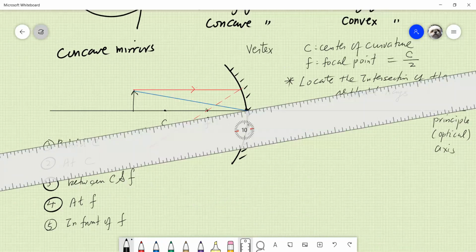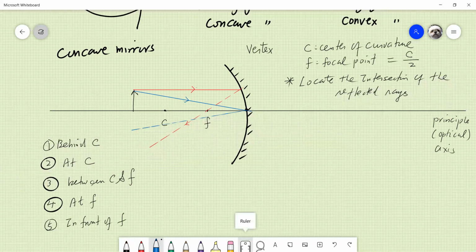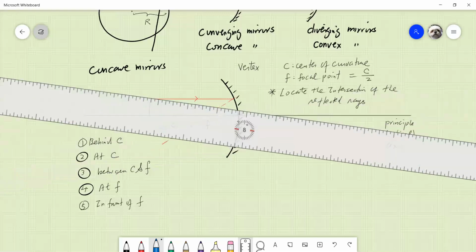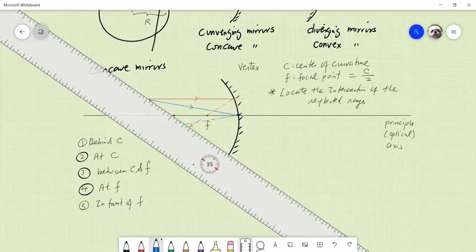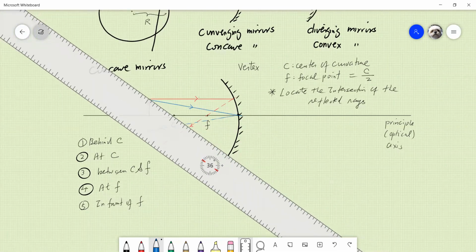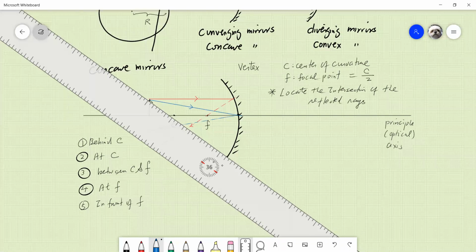So I'm going to draw this: the incident wave, and then the reflecting wave. The way I'm drawing is not very good, because I did not fit the scale.